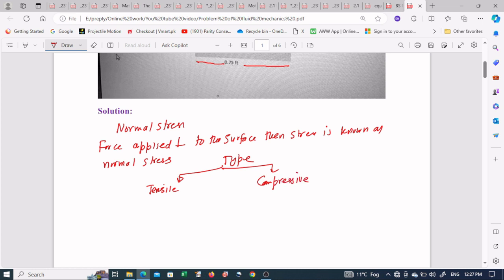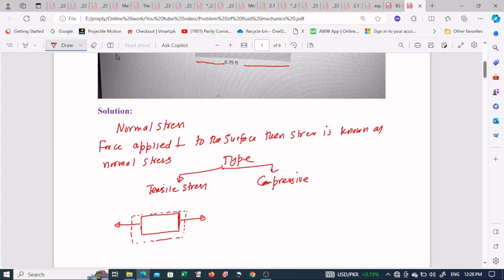I will explain. Tensile is, for example, here is the surface and you apply the force perpendicular to that surface. So when we apply the force perpendicular to that surface, it means the length of this material increases. So this is the tensile stress.